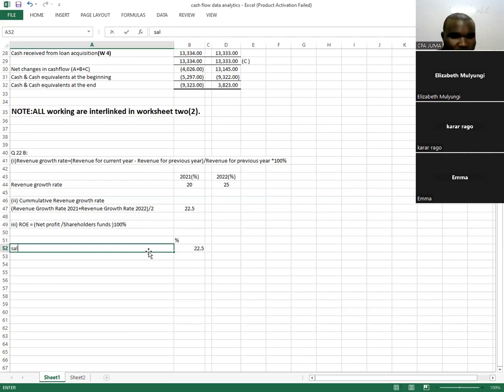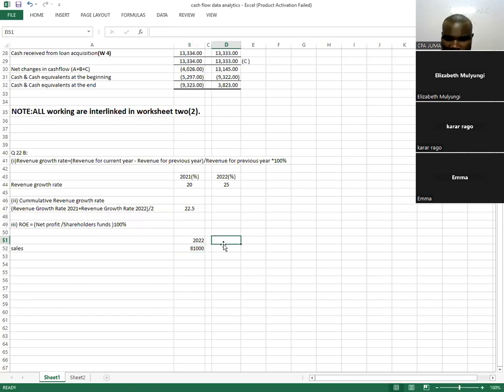Let me just do one. Sales, so remove the word percentage there. So sales 2022. Sales 2022 is 81,000. Then percentage forecast, we are using 22.5. 22.5 is 0.225.